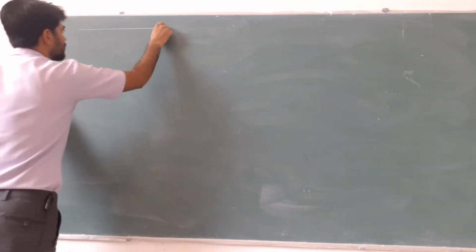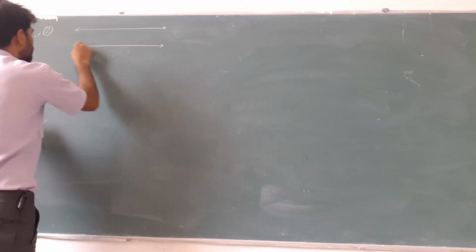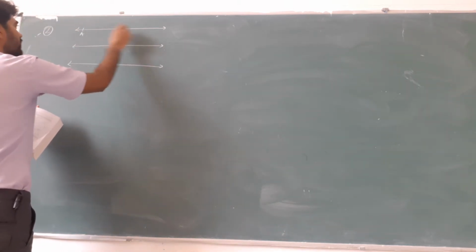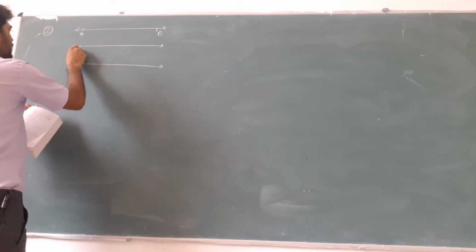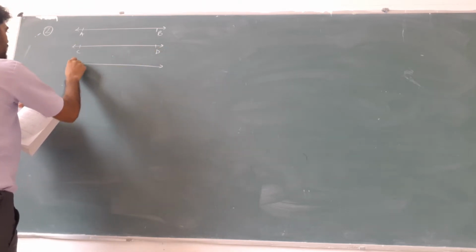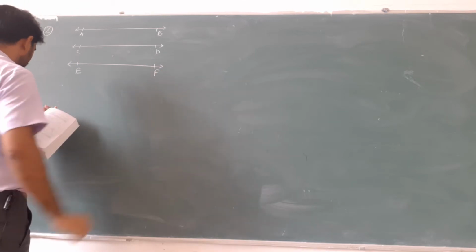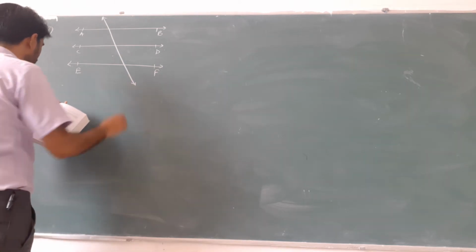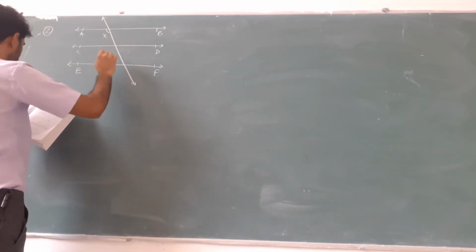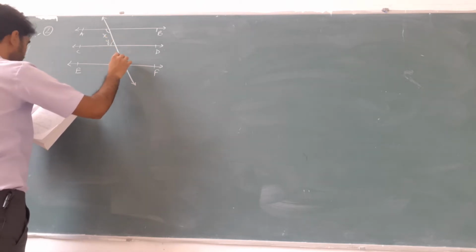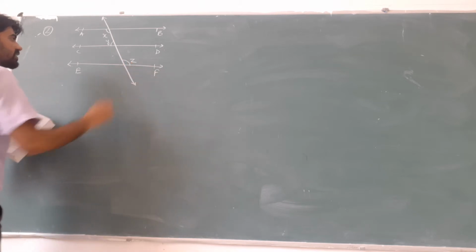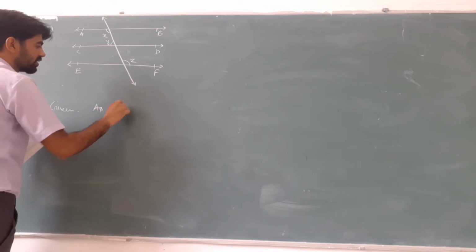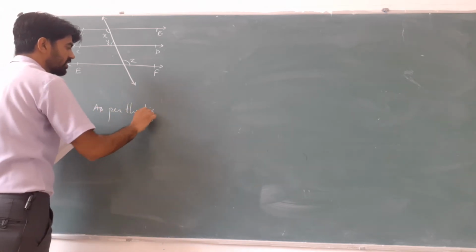We have 3 lines this time, AB, CD, and EF, and we have a transversal intersecting these 3 lines, and some of the angles: this angle is X, this angle is Y, and this angle is Z. So given as per the figure.